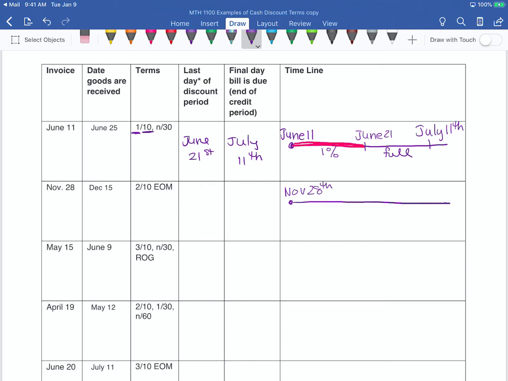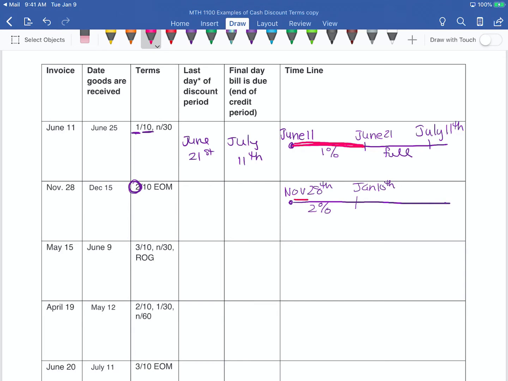So I'm going to go to December and then January. So January on the 10th day. So I'm going to get an additional 2% discount, and I get that from right here using the end of month rules.